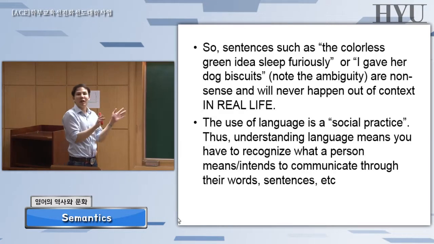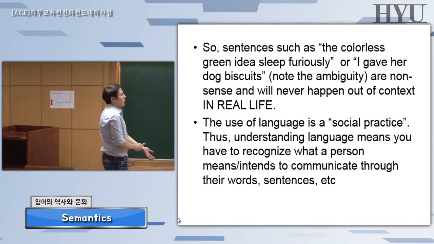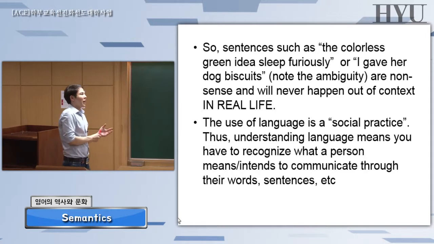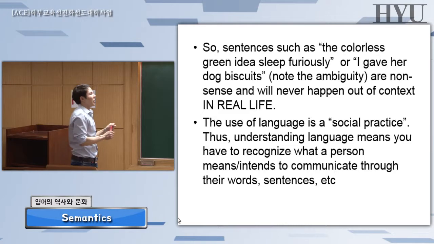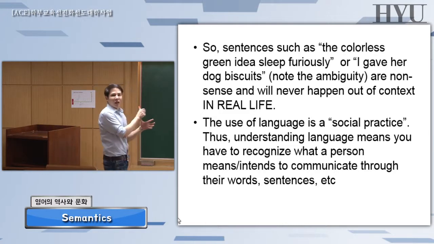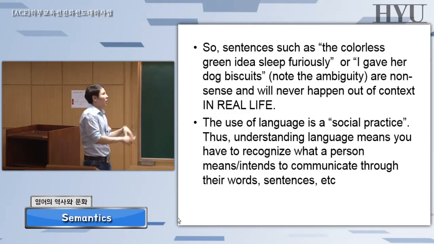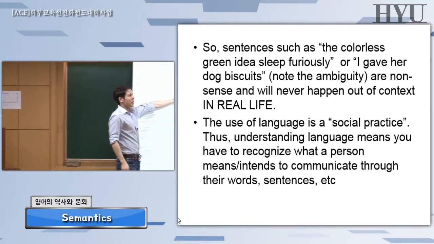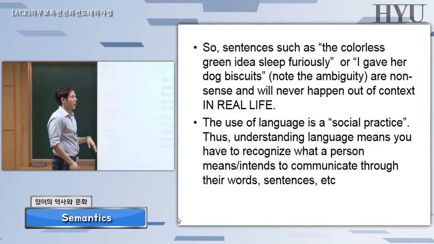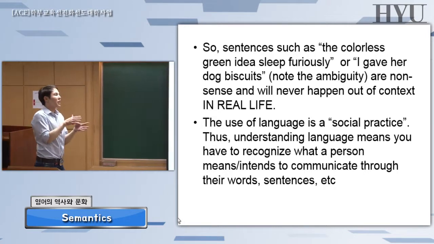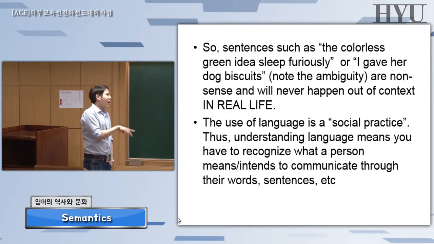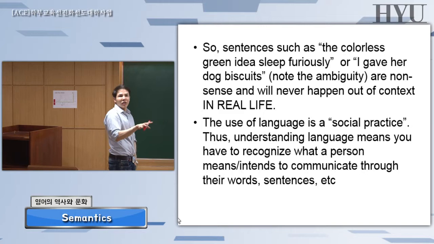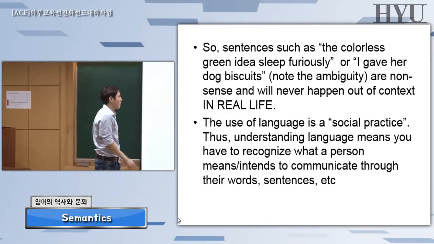So it doesn't matter what the meaning is, right? But when we do pragmatics and semantics, sentences like this cannot happen because no one would ever utter this kind of sentence, right? Or the ambiguous cases that we looked at last time, "I gave her dog biscuits." Yes, it's possible that it has two meanings, but in real life, only one meaning is possible. And the meaning has to do with the context in which that sentence is uttered, okay?